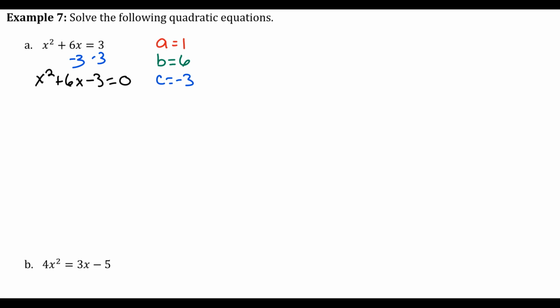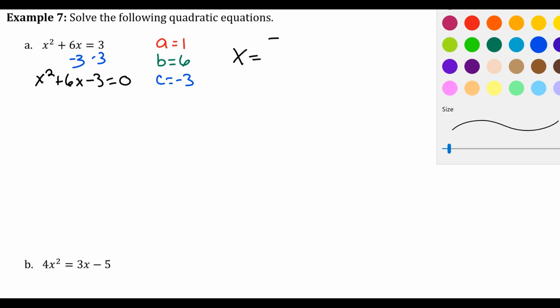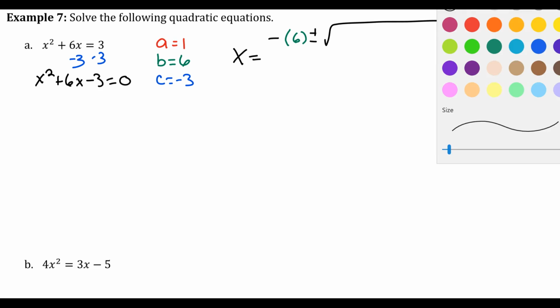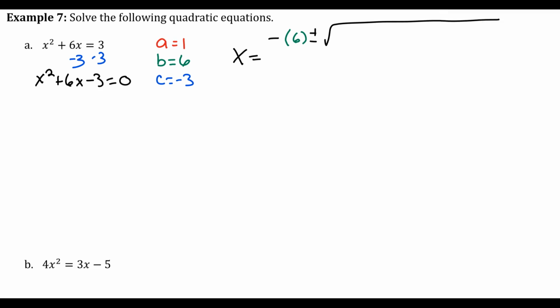So now I'm going to have x is equal to negative b, so that's my 6 here, plus and minus the square root of b squared. So I'm going to have this 6 again.